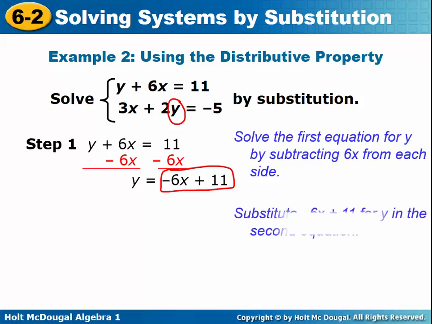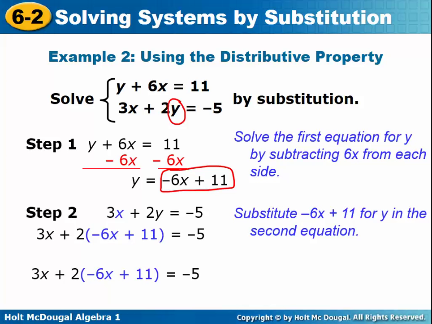So now we rewrite the second equation as 3x plus 2 parentheses negative 6x plus 11. Here's what I meant by the distributive property. There's a number in front of this variable, so you'll have to multiply everything by 2 here.